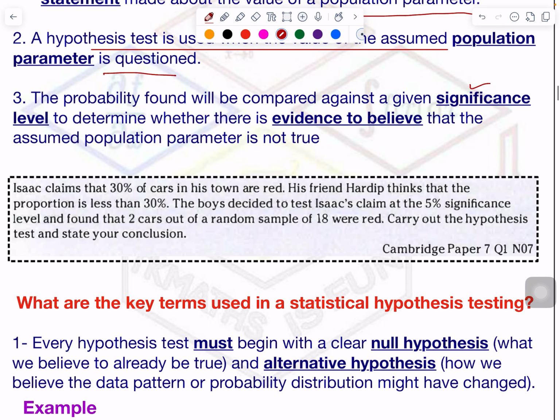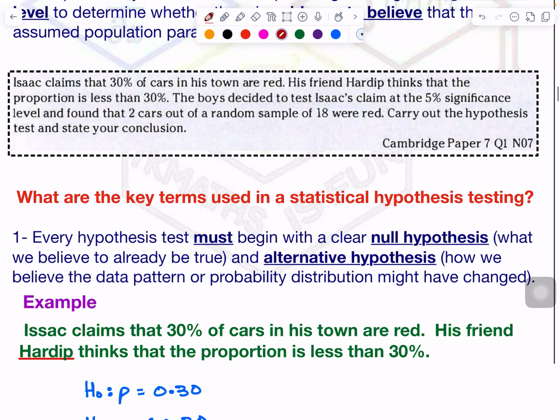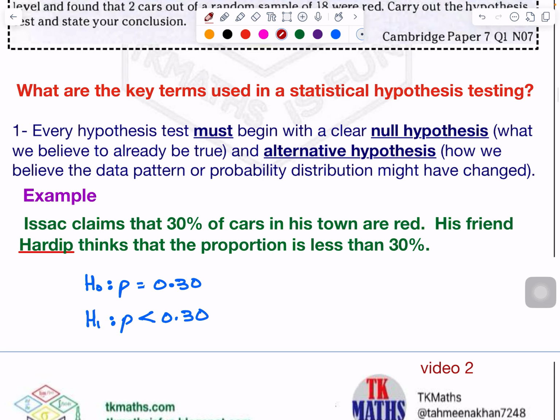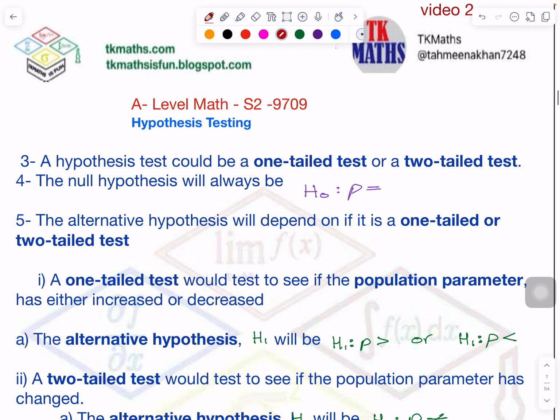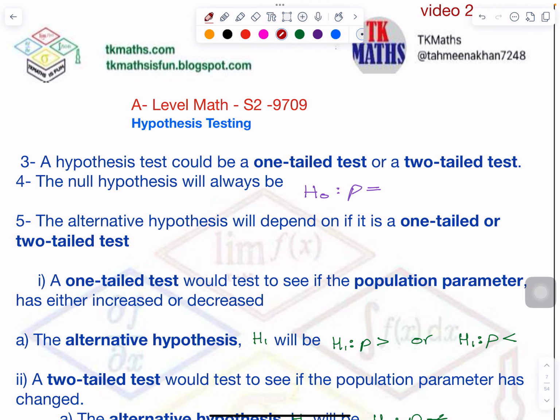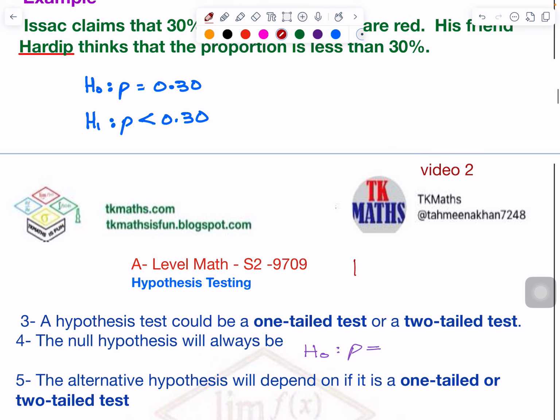Okay. So you have seen null hypothesis, alternative hypothesis. I have written it here again, same thing. And now I have to explain what is a one-tail test and a two-tail test. When we say one-tail test, it's basically in the alternative hypothesis where we have written less than or greater than, then it is called a one-tail test.